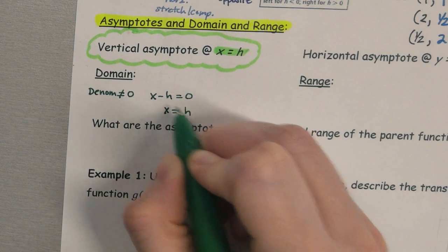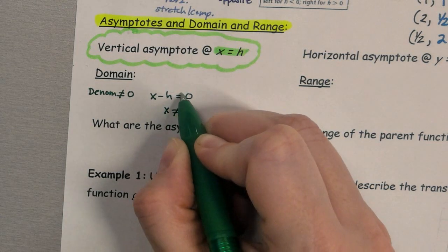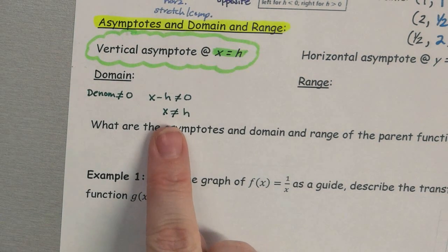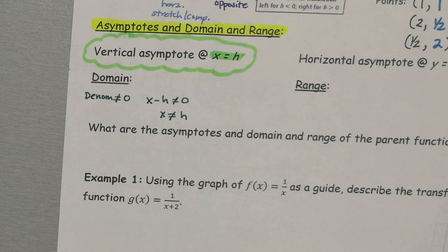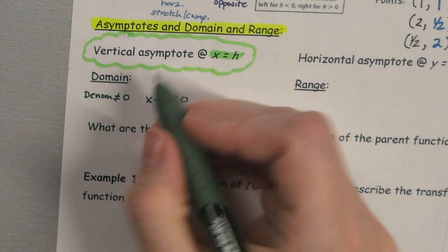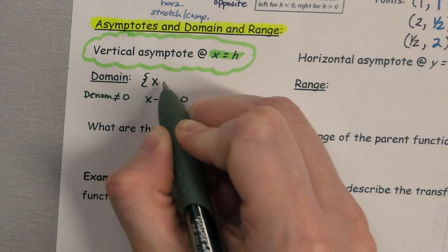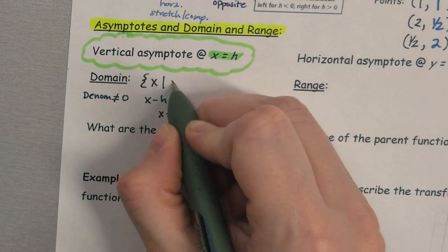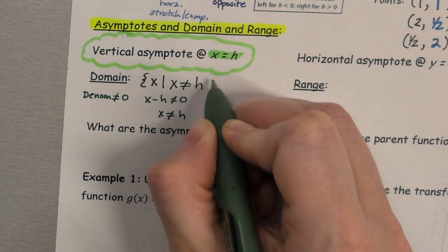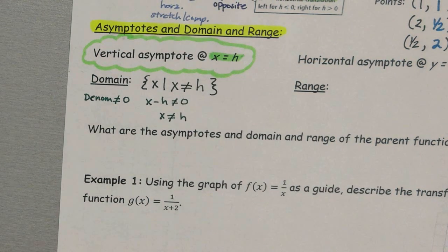The h, because you'd have to add h to both sides, right? So x could be any number except for the h value. The way that we would write that in set builder notation is fancy bracket, all real numbers x, such that x cannot be equal to h.